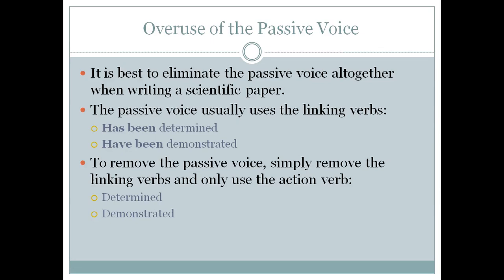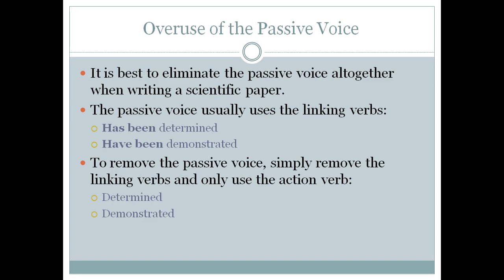So another common writing mistake is the overusage of the passive voice. And I'm not going to go into too much detail on the passive voice, but basically the passive voice usually uses linking verbs. So the linking verb has been, or the linking verb have been, and then you have your actual action verb, determined and demonstrated.